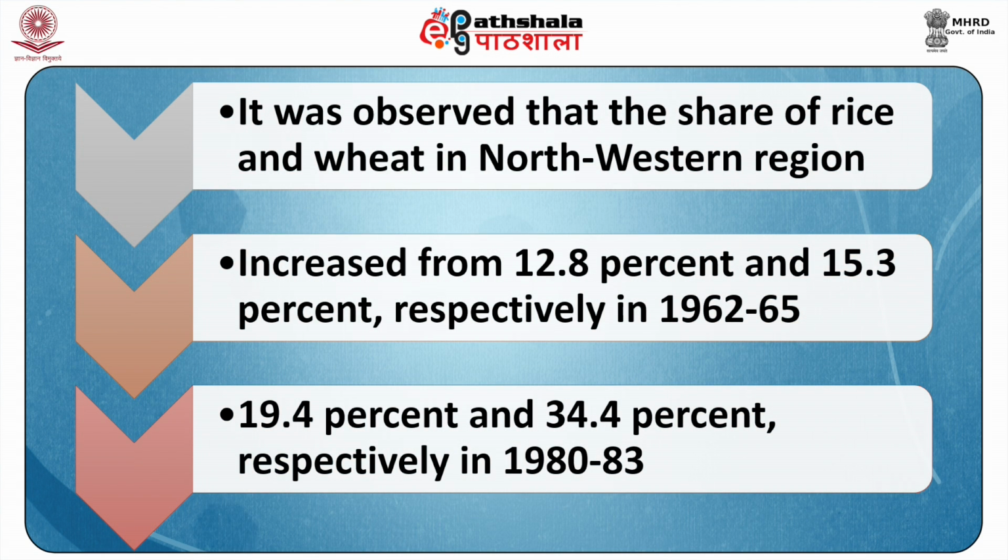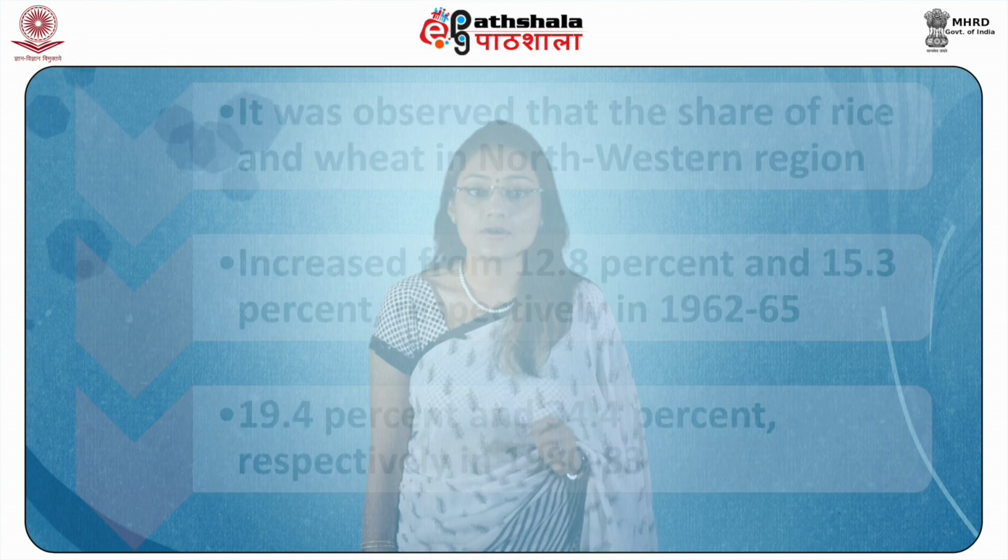It was observed that the share of rice and wheat in northwestern regions increased from 12.8% and 15.3% respectively in 1962-65 to 19.4% and 34.4% respectively in 1980-83.